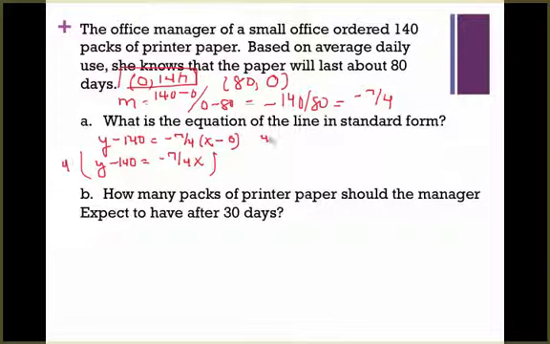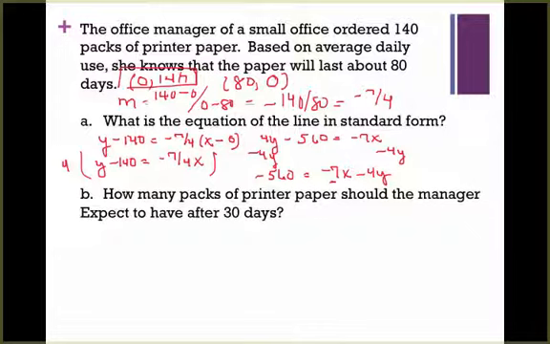Well, that would give me 4y minus 560 would equal negative 7x. And let's get our y over with our x, so we'll subtract 4y. And that gives us that negative 560 equals negative 7x minus 4y. But also remember we said we wanted our a to be positive, and right now it's negative.